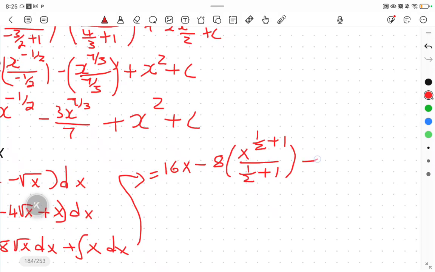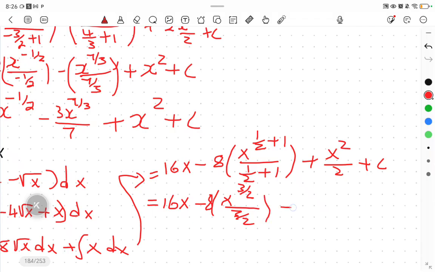Then the other one is plus x squared over 2 plus c. And this would be 16x minus 8x to the 3 over 2 over 3 over 2, plus x squared over 2 plus c.